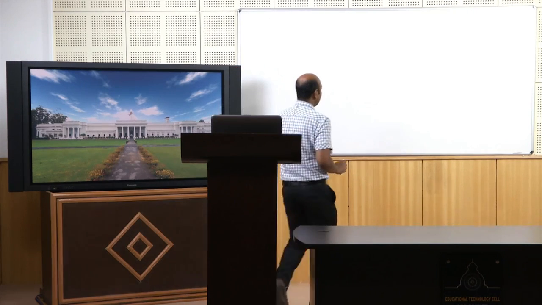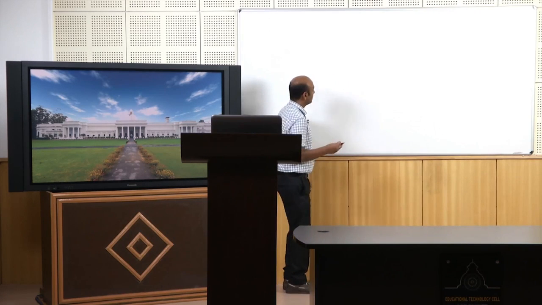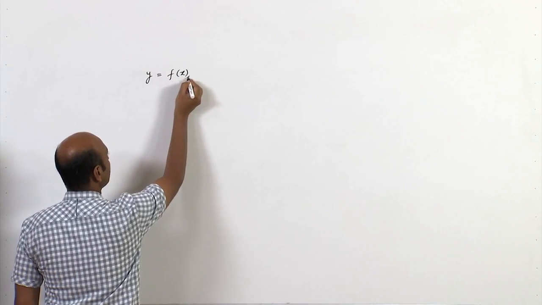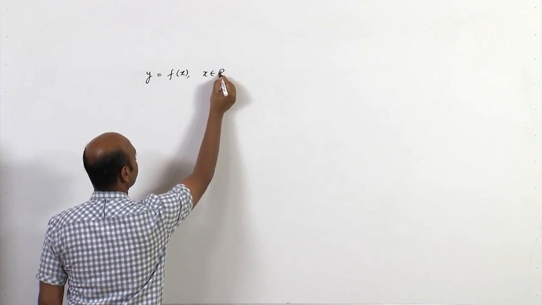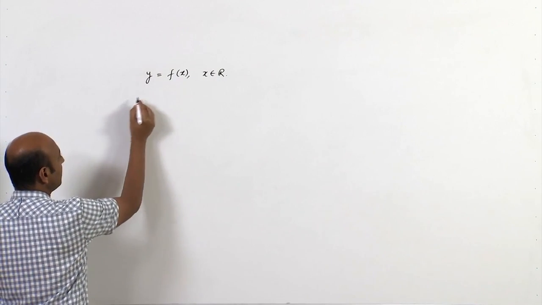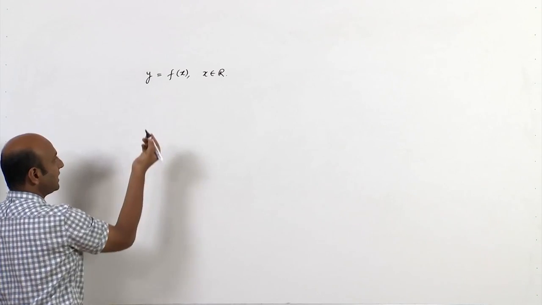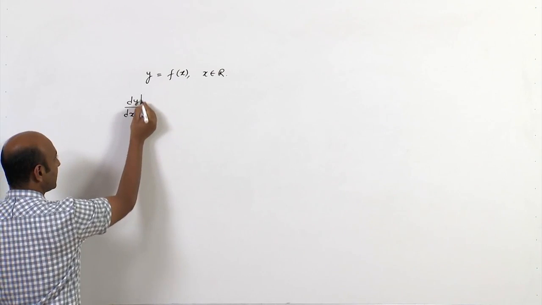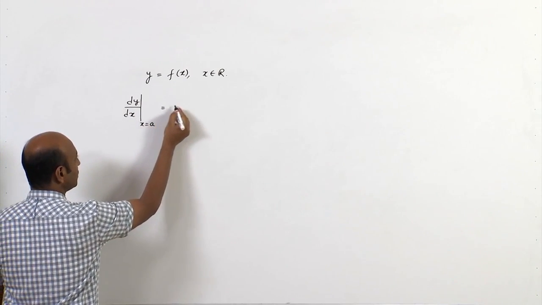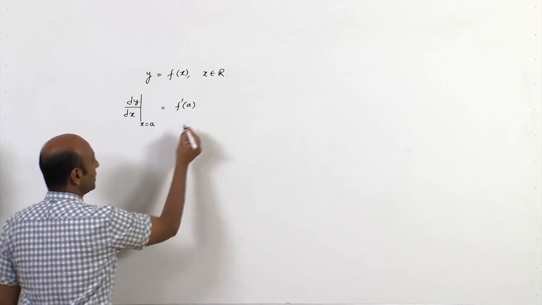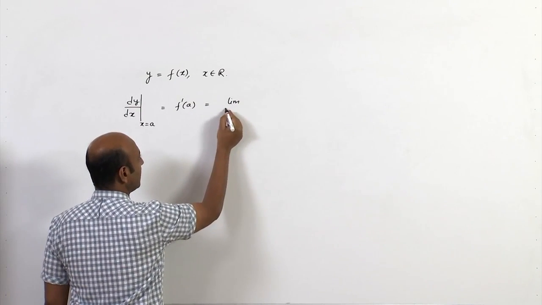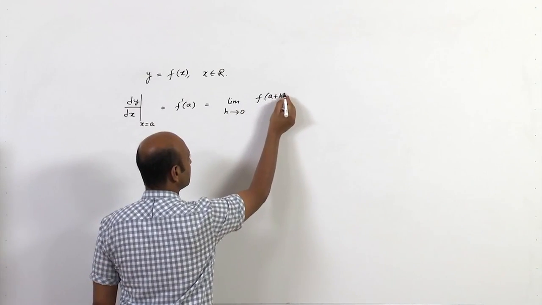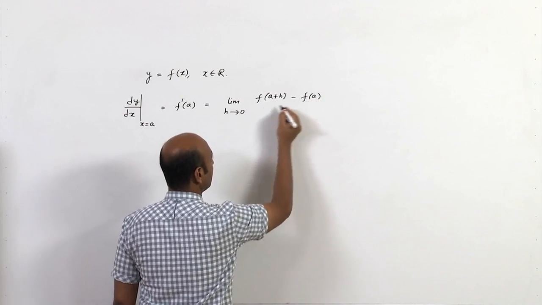So we start with one variable problems, function of one variable. We know that if you have a function of one variable, say y equals f(x), where x belongs to R, then if the function is differentiable at a point say x equal to a, then we say that dy/dx at x equals a, or f'(a), is equal to limit h tending to 0 of (f(a plus h) minus f(a)) upon h.